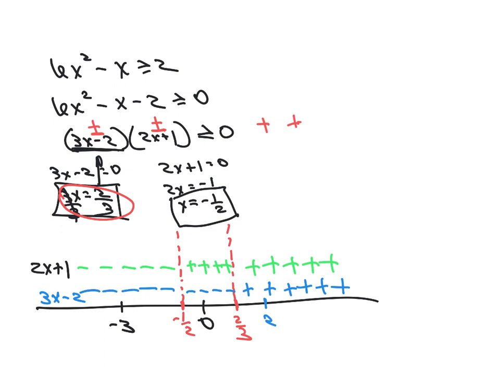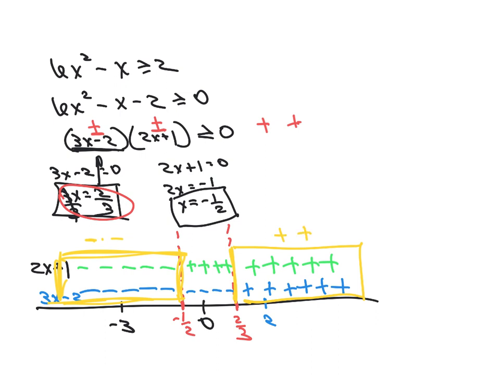And we come to find out that these numbers here, everything this way, are going to be negative times a negative, which will give us a positive, and then everything this way, because a positive times a positive is a positive.